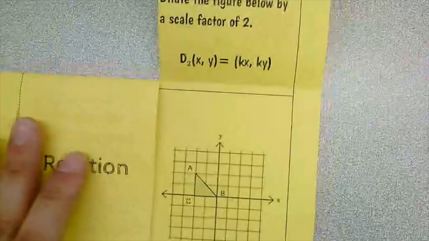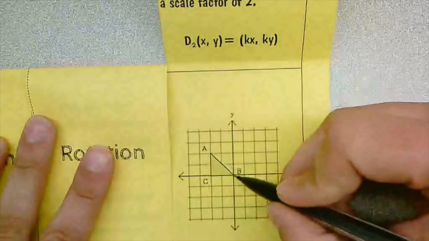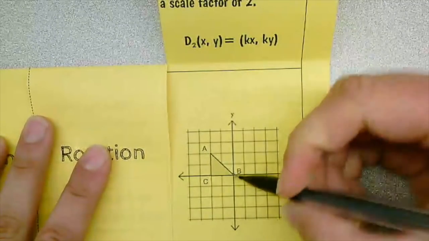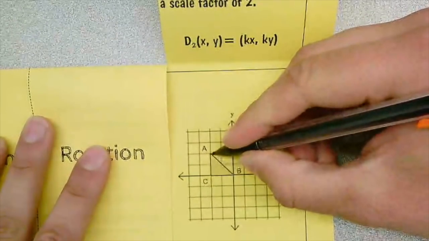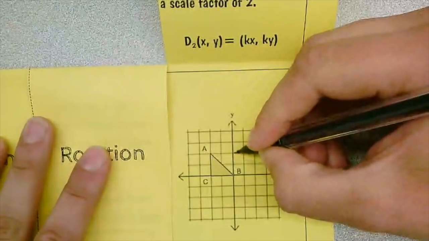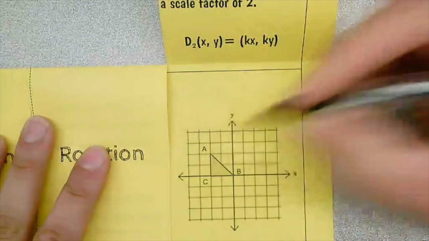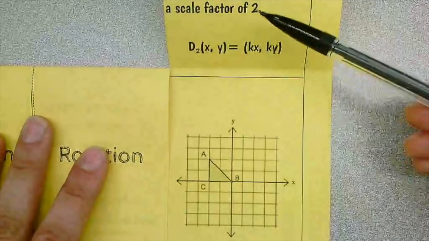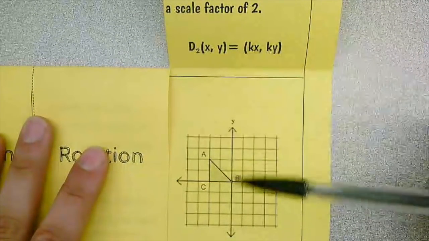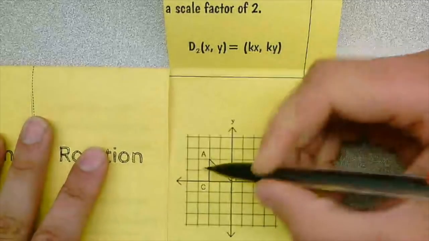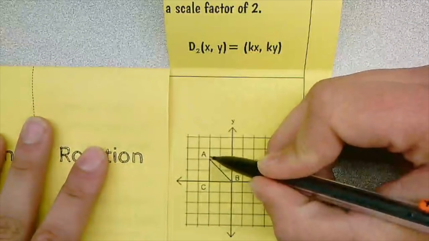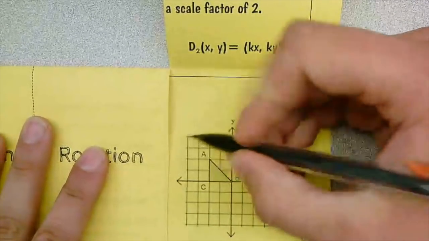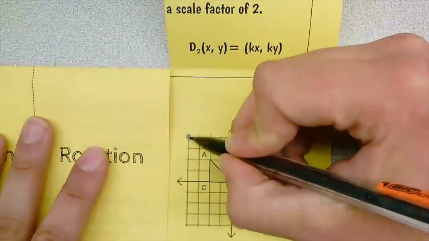Okay, so down here below, we're going to dilate it according to our origin. So from our origin to get to A, we had to move up 2 and over to the left 2. If we're going to dilate it by a scale factor of 2, they're going to increase by that factor of 2. So now instead of moving up 2 and left 2, we're going to move up 4 and left 4 because 2 times 2 is equal to 4.